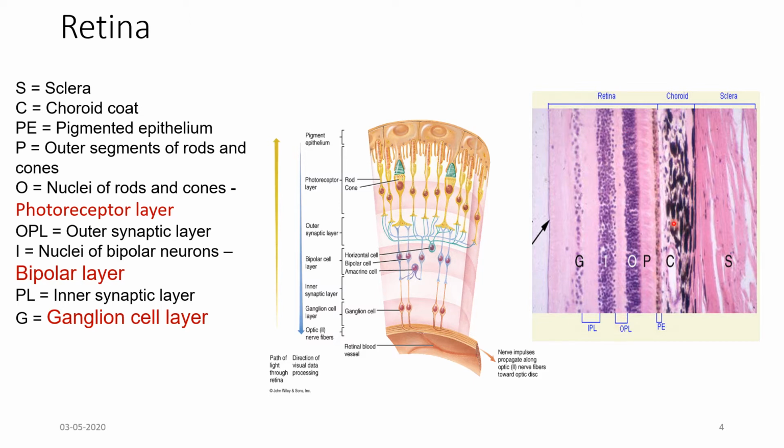So this is the nuclei of rods and cones, which are photoreceptor cells.